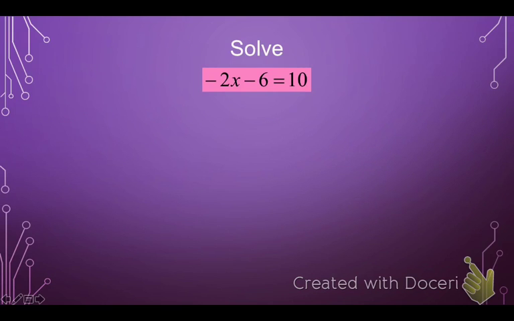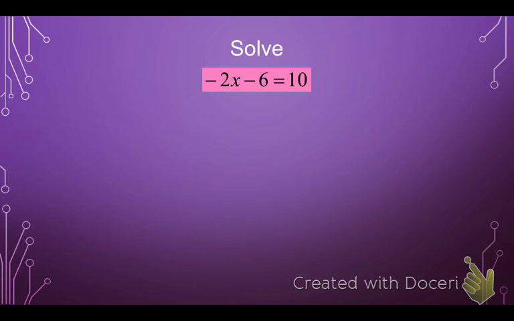So, on your paper right now, I would like you to take a moment, pause the video, and I want you to solve negative 2x minus 6 equals 10. Alright, so you should be back, you should have paused it, you should have solved it.